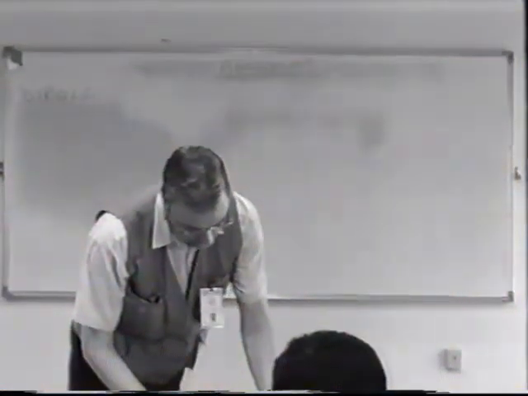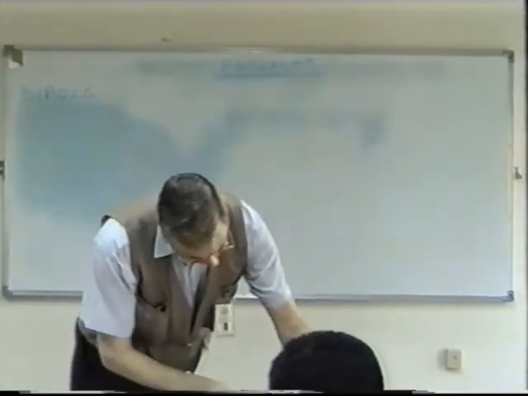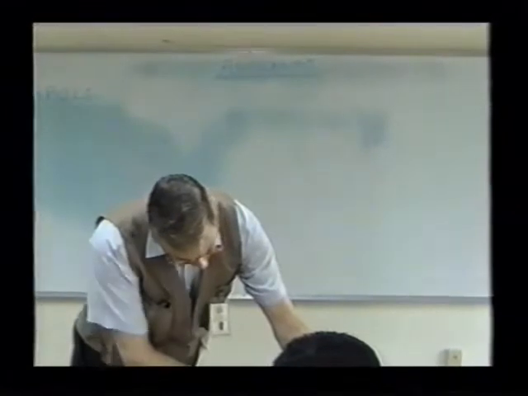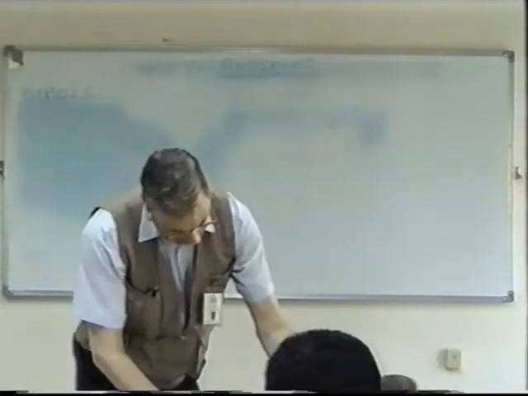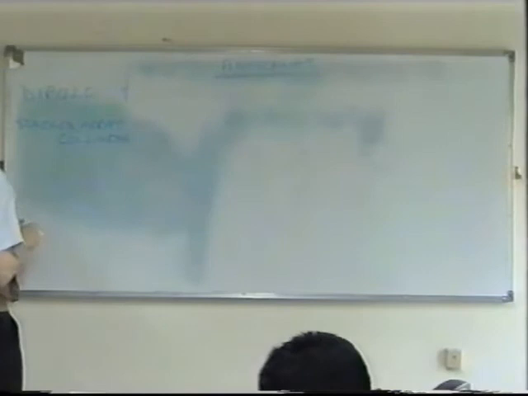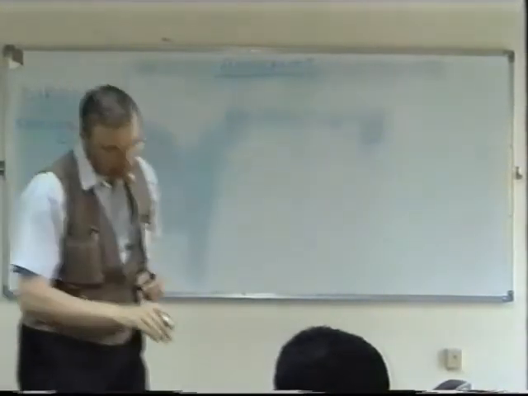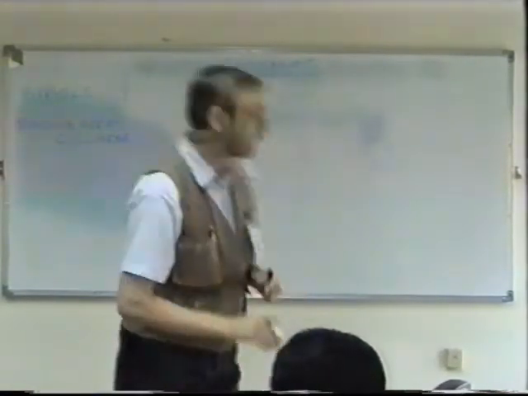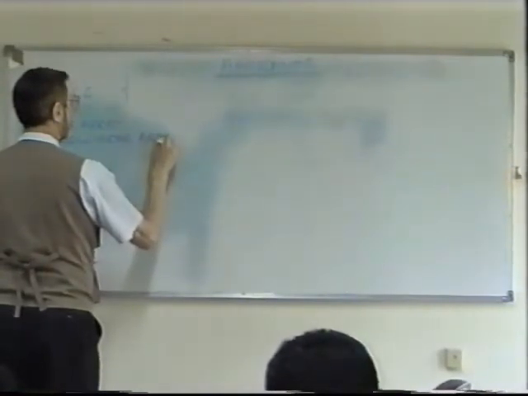They call it something slightly different here. Collinear array. They mean the same thing.